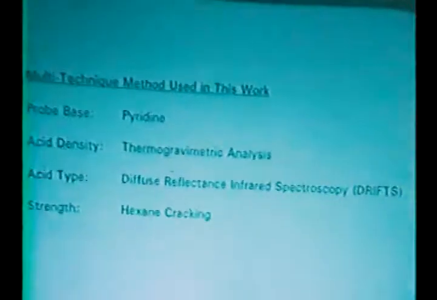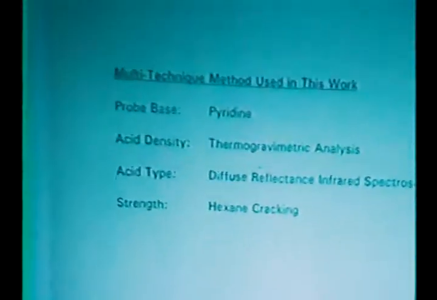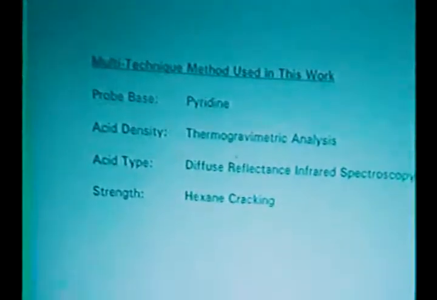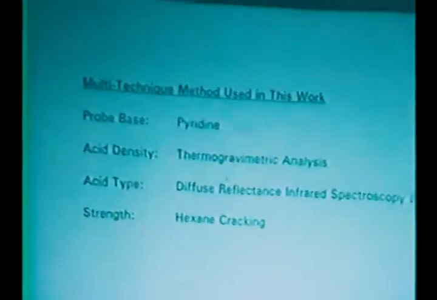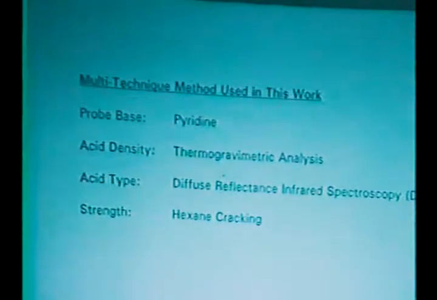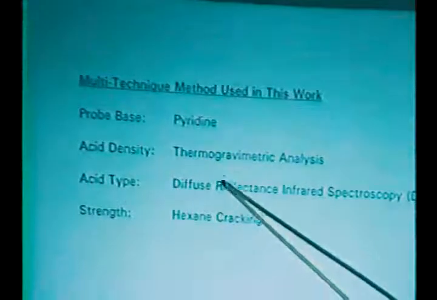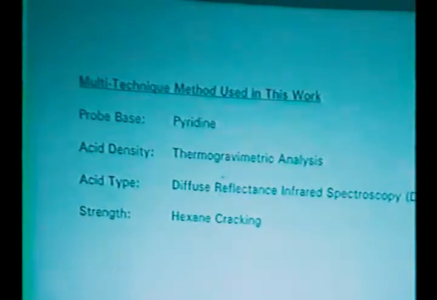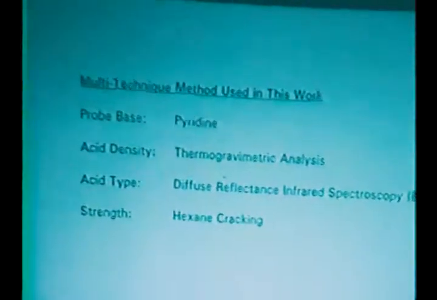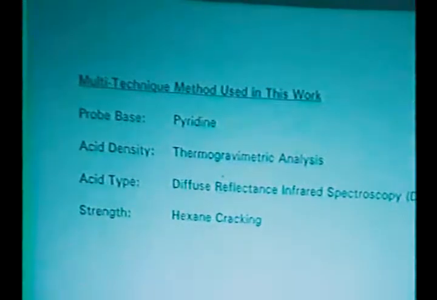within the realm of our capabilities, we decided to come up with a multi-technique method, and that, in our view, was the only way to go because there is no single approach or technique that could give us all the information. Our technique uses pyridine and thermogravimetric analysis to determine the total acidity or acid density.